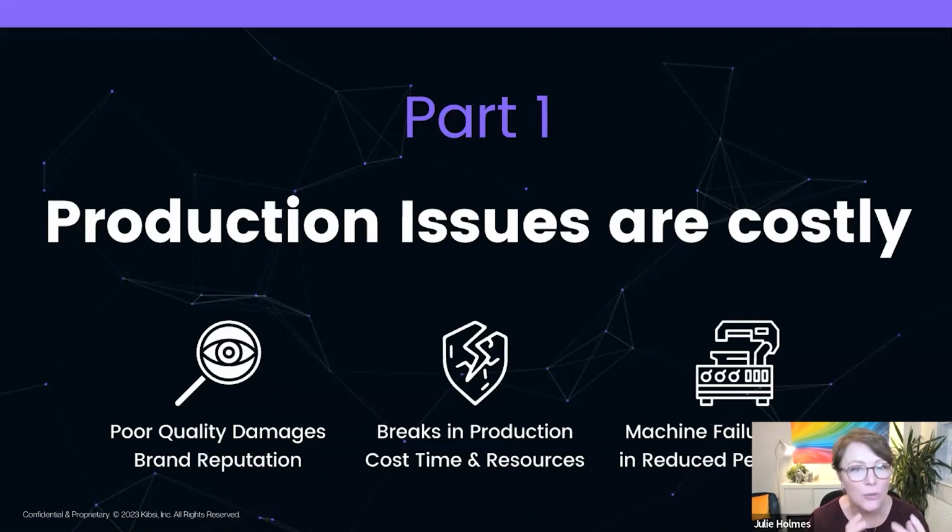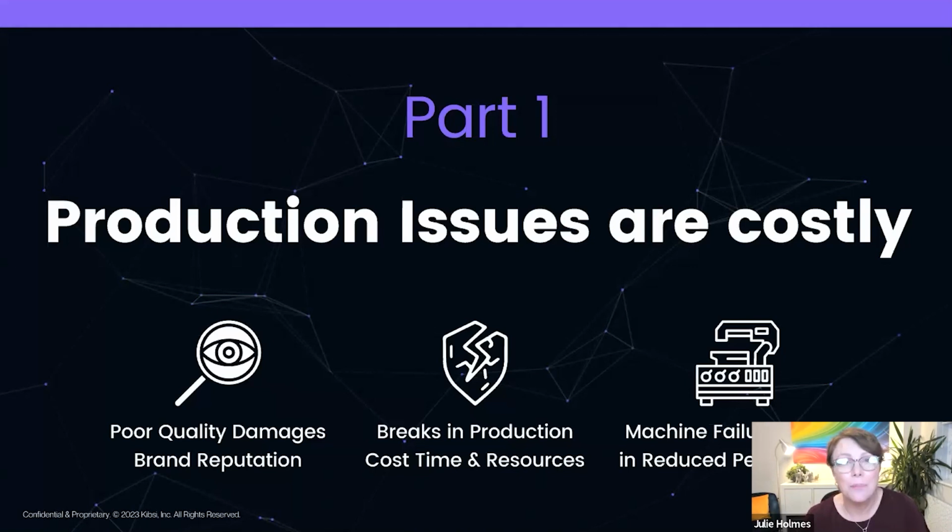Their brand reputation was often one of their most valuable and important assets. And delivering subpar product that was broken, scratched, dented, whatever it is, that kind of quality damage was a huge challenge for them when it came to brand reputation. They needed to make sure that the products they were delivering were of sufficient quality.